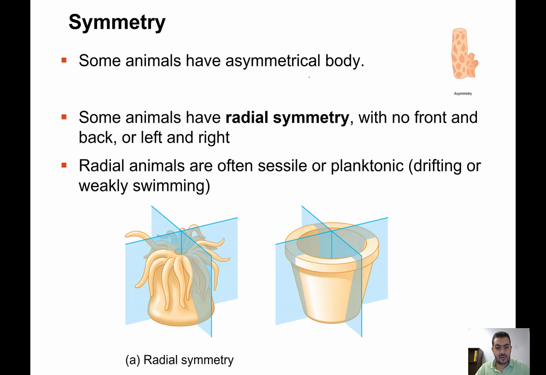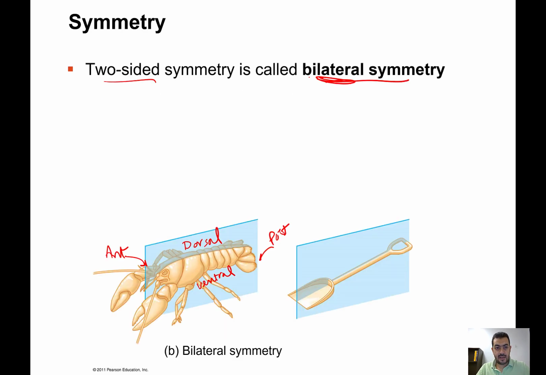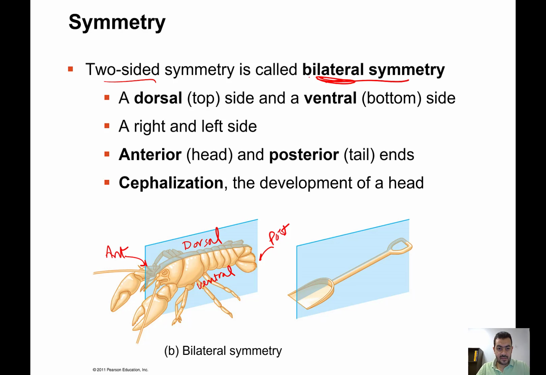Radial animals feel the environment from all sides, so they sense the environment from every direction because they don't have an anterior end or a cephalization of the head, while in the two-sided animals, the presence of the nerves at the anterior or head part and the development of the head makes it common that these animals use these organs to sense their environment.